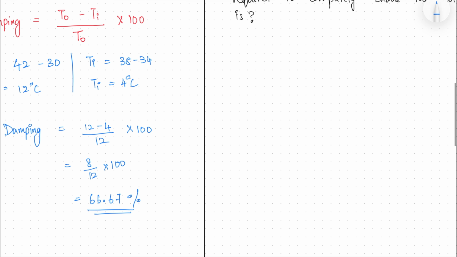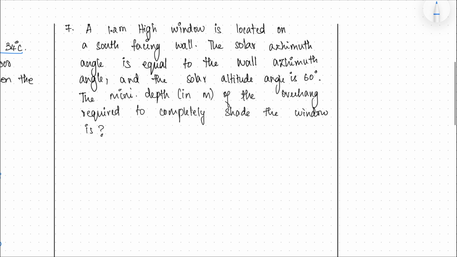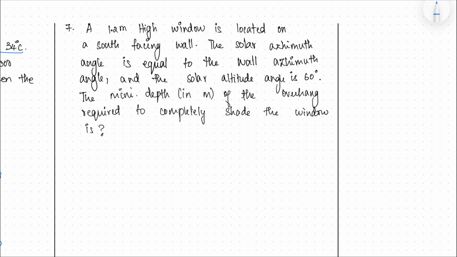Now let's move on to our last sum, and this sum is based on the horizontal shading device that we talked about. So they've given us a 1.2 meter high window is located on the south facing wall. The solar azimuth angle is equal to the wall azimuth angle, and the solar altitude angle is 60 degrees.